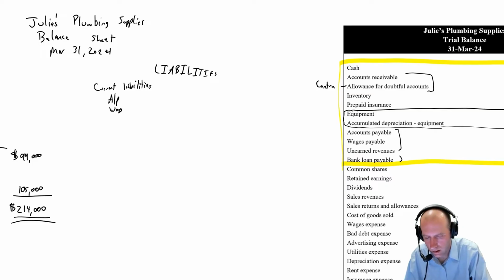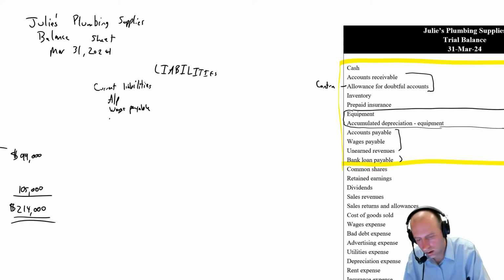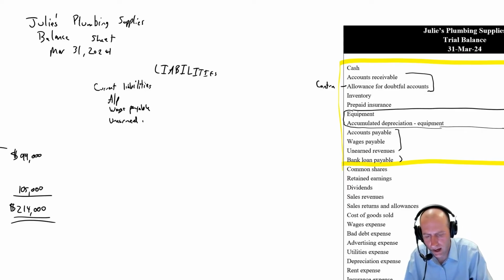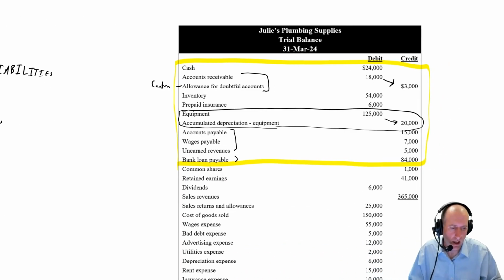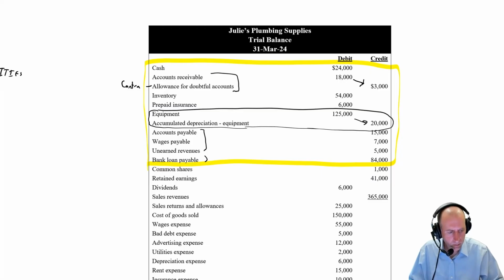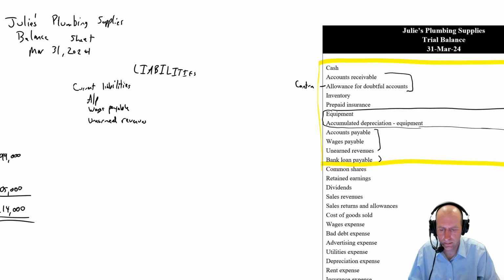AP, wages payable, unearned revenues. Unearned revenues might have been one we haven't seen before on a balance sheet, but of course, even though it says revenue, it's a liability. It's when somebody's paid you in advance for a service and you haven't delivered the service, so it's something that you owe. 15, 7, and 5.